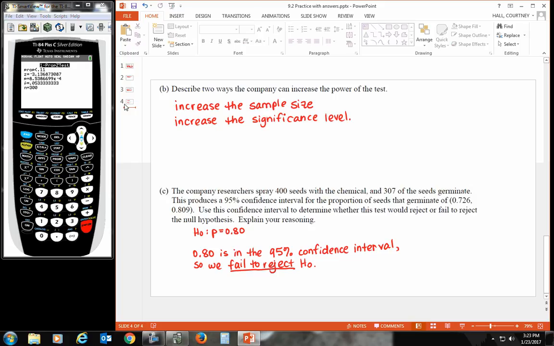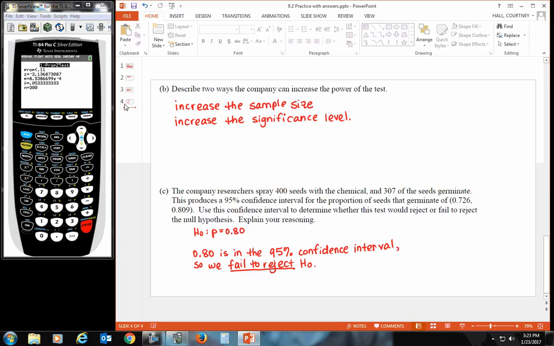I promise you it's going to be the same on the daily check. It's going to ask you, how do you increase the power? And you're going to tell me, increase the sample size, increase the significance level. That is it. There's no tricks to it at all. It won't be worded any differently. It'll be a different scenario, but they're going to ask you, how do you increase the power of the test? And you're going to say, increase the sample size, increase the significance level, and that's all you have to remember.